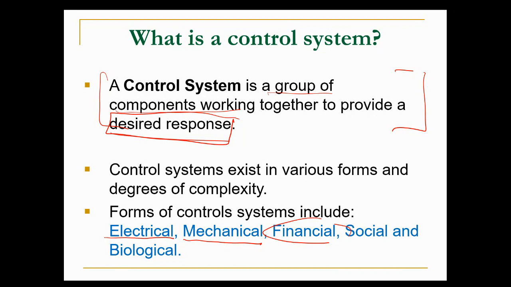So the point I'm making here is that you have different systems working to achieve the desired response. And with every control system, there is a desired response. It is the desired response that brings about a control system.